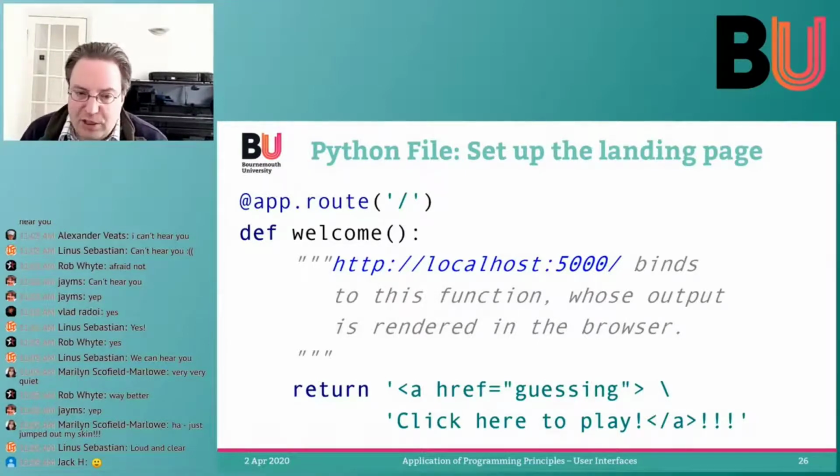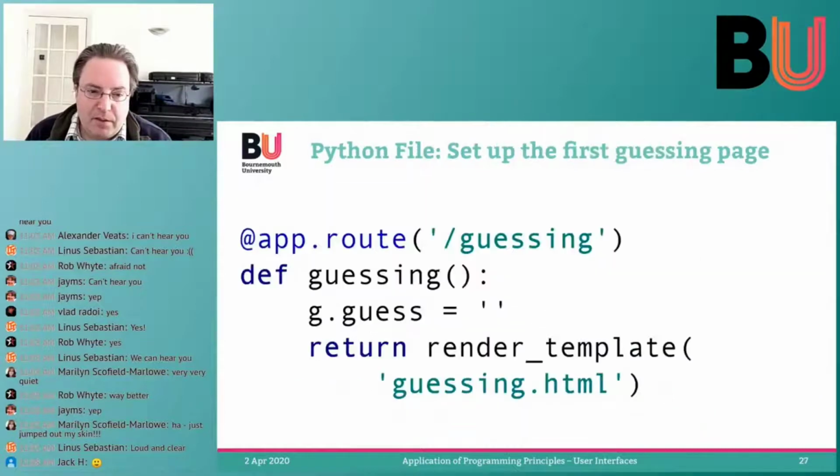And the documentation also tells you exactly how to do that. So have a look at the documentation. That's very important. So this guessing page would then, for example, do guessing.